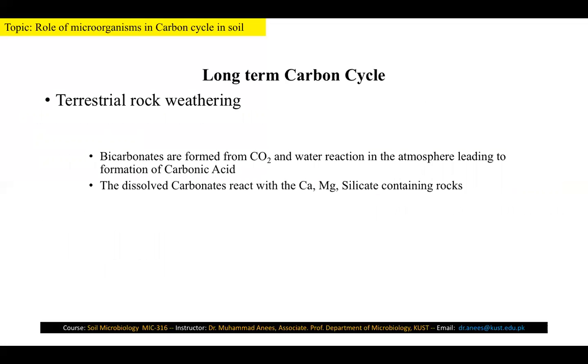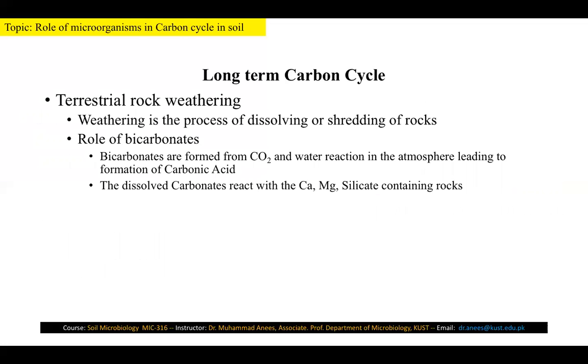Now we talk about terrestrial rock weathering. How are the terrestrial rocks degraded? Weathering is the process of dissolving or shredding rocks.